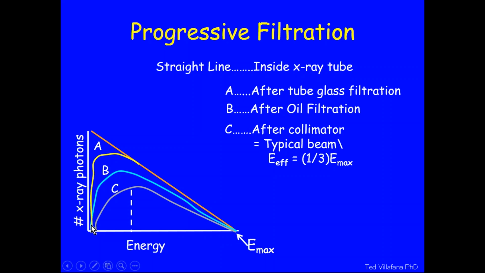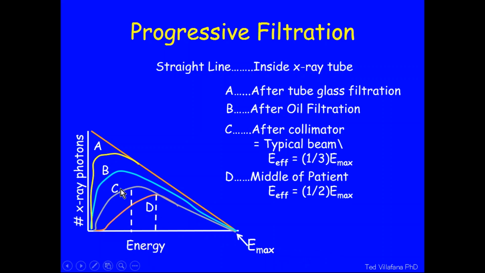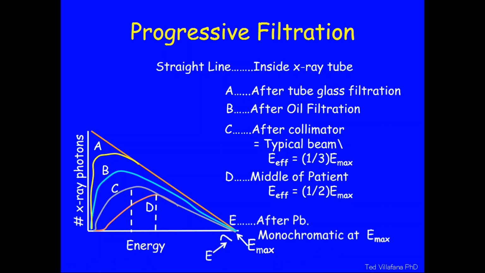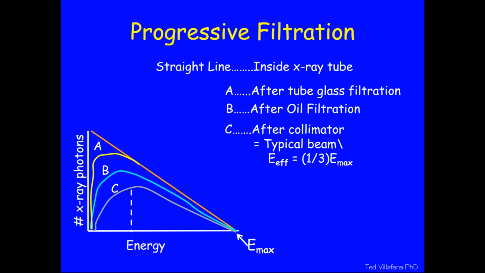The typical curves that we've been giving you, that typical Bremsstrahlung curve, is the result of the beam already going through all these various other components and all these other filtrations afforded by these other components. The typical beam we've been talking about, where the average energy or effective energy is 1/3 of Emax, is already the result of this progressive filtration that you've gone through.